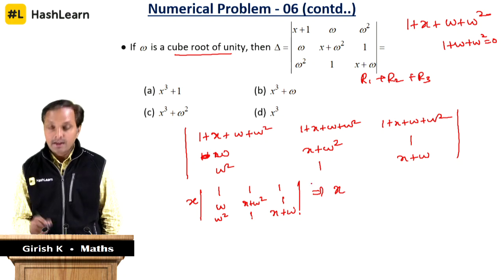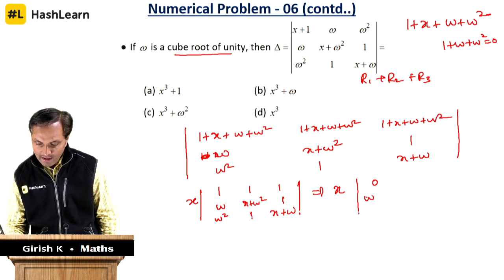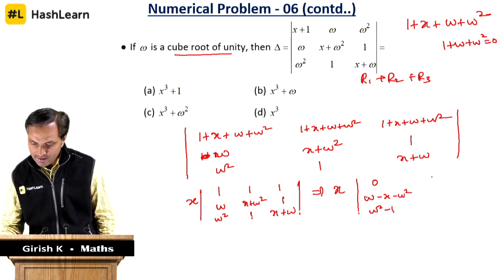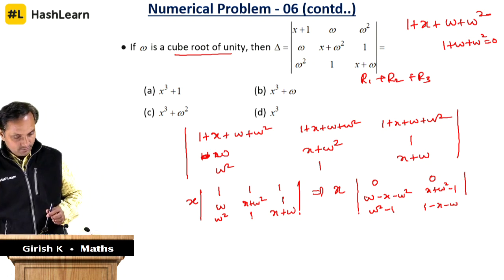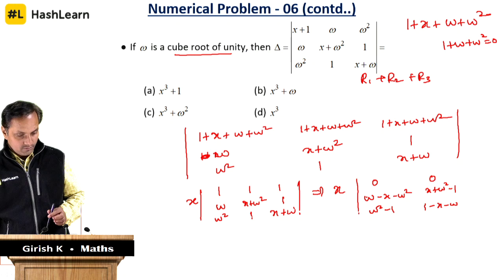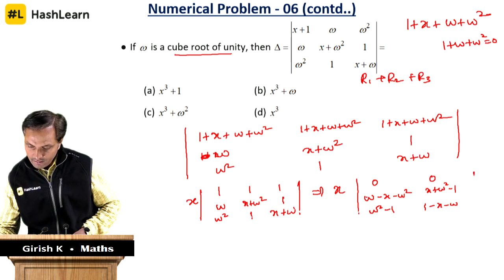Again, if you take the difference, 1 minus 1 is 0, x minus omega minus x minus omega square, that will give you omega square minus 1, this minus this is 0 again, x plus omega square minus 1 minus x minus omega, that will give you again 1, and 1 and x plus omega.